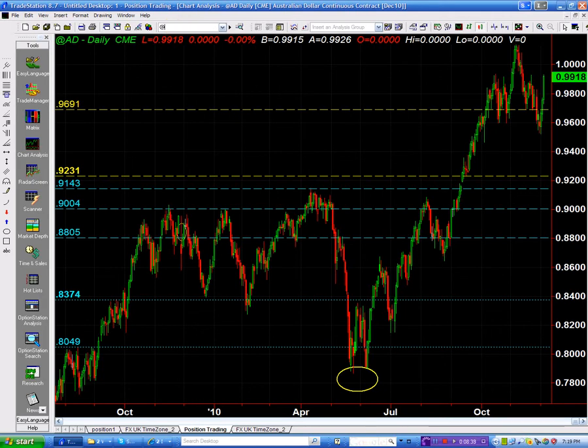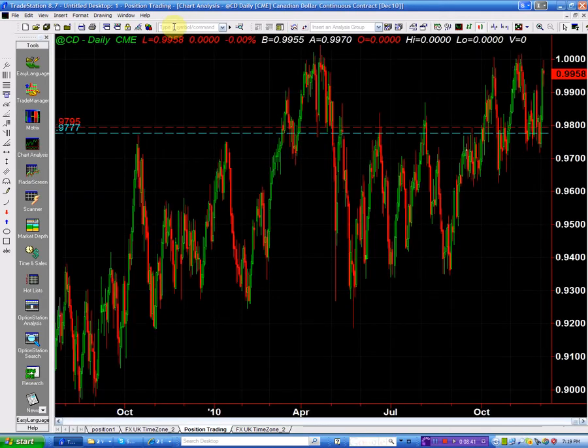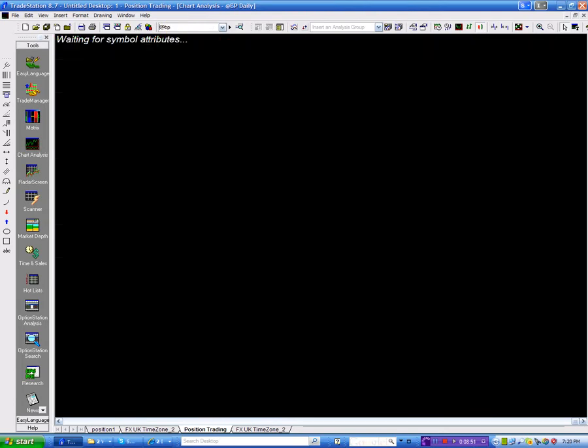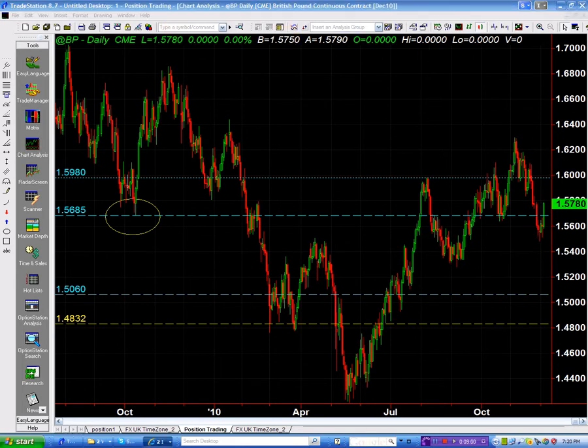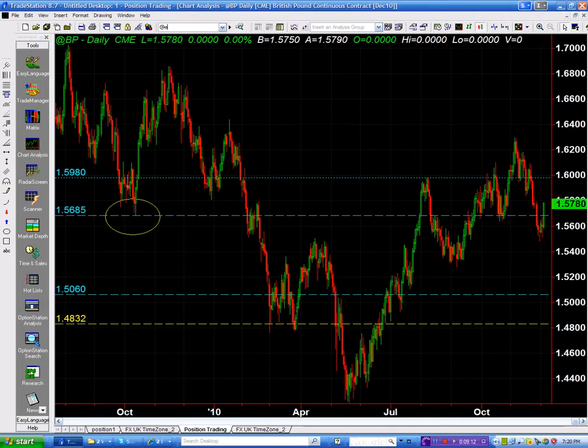This is the Canadian. So we did the Swiss, we did the yen. This is the British pound. Okay, and this is the euro.